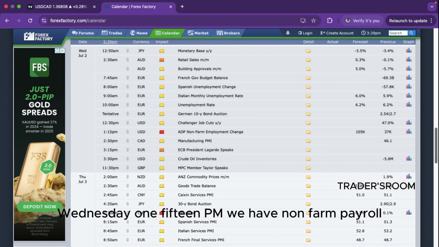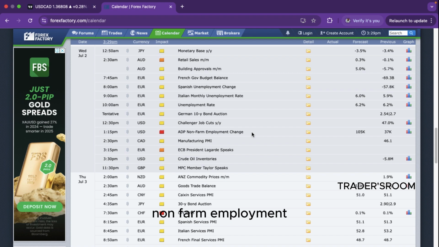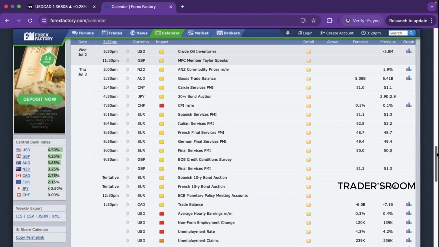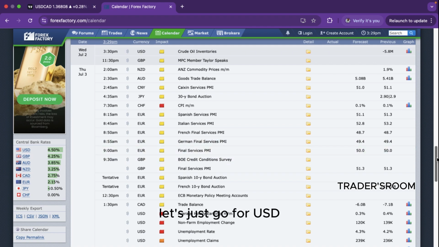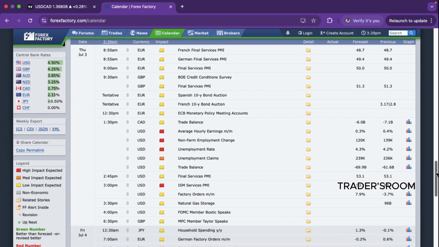Wednesday 1:15 p.m., we have non-farm employment change. Okay, that's by 1:15 p.m. Then let's see Thursday. We are only interested in red folder news. We have red folder news here, but this is CHF. We don't trade Swiss francs. Let's just go for USD.